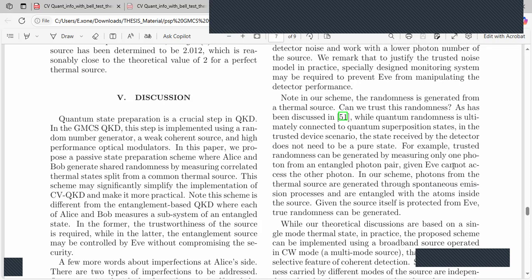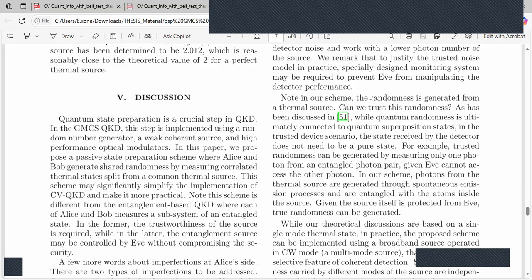For example, trusted randomness can be generated by measuring only one photon from an entangled photon pair, even if one cannot access the other photon. In our scheme, photons from the thermal source are generated through the spontaneous emission process and are entangled with the atoms inside the source. Given the source itself is protected from Eve, true randomness can be generated.